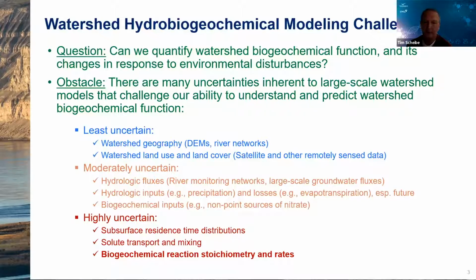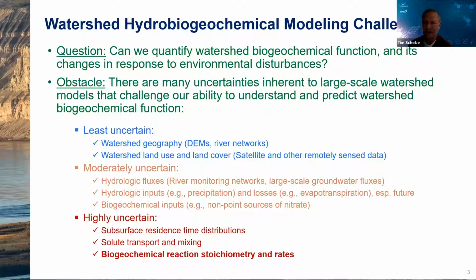But probably of the greatest uncertainty is really the biogeochemical reaction stoichiometry and rates. And so as we think about modeling our systems, one of the things we commonly come up against is how are we going to decide what reactions are important where and what rates those reactions might be occurring. And so really this has been, I would say, the biggest piece of uncertainty.